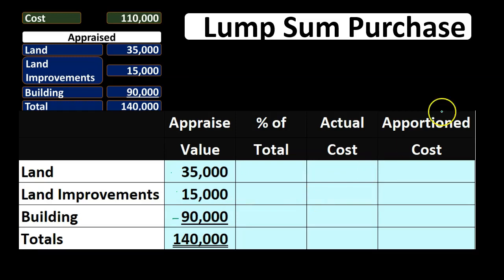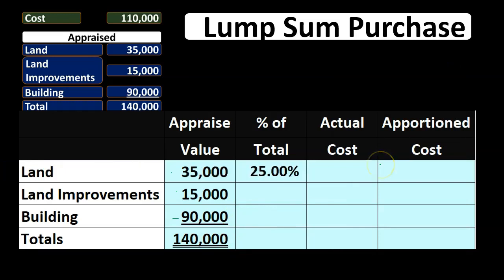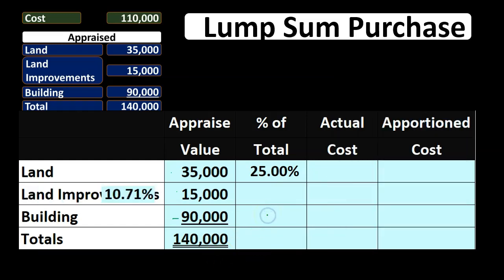So, for example, we'll take out the trusty calculator here. We're going to take the 35,000 divided by the total, 140,000. So that's 0.25 or 25% of the total. If we take a look at the 15,000 compared to the total 140,000, we get 10.71%.